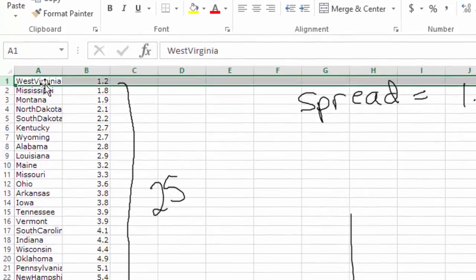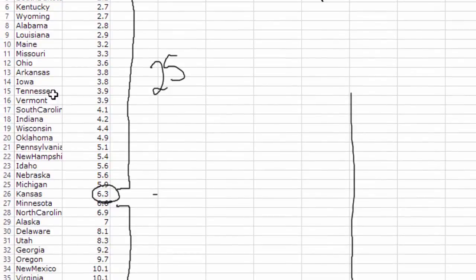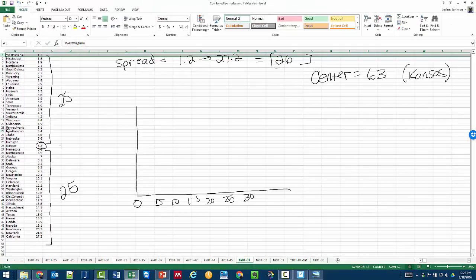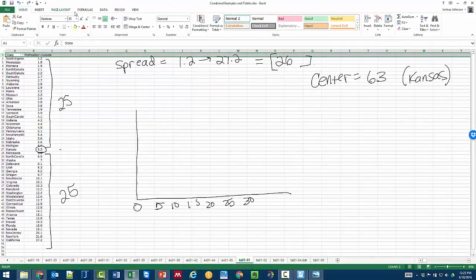You know, to say like, oh, here's 1 to 51, so 25 above, and then number 26 is Kansas. I don't do that, but it does help, and you can always use something like Control-Z or whatever the undo button is on the Mac to put that back on there. But anyway, so there's our center.